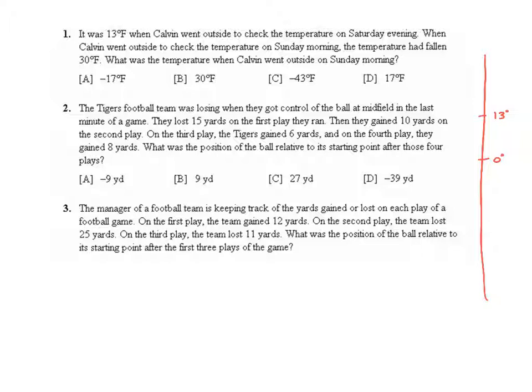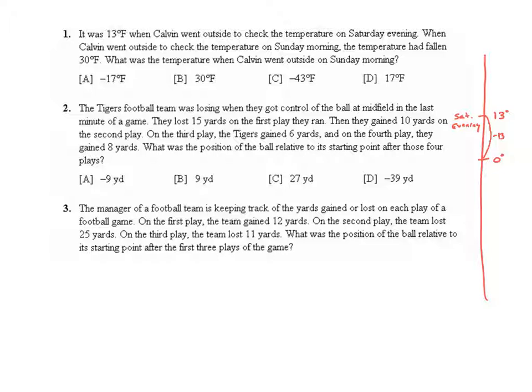evening and Sunday morning. Well, Saturday evening was 13 degrees, and the temperature went down 30 degrees overnight. So we need to figure out what is our new temperature. If we go down 13 degrees, this is subtracting 13 degrees, we're now at 0. So the question is, how much more do we need to go?